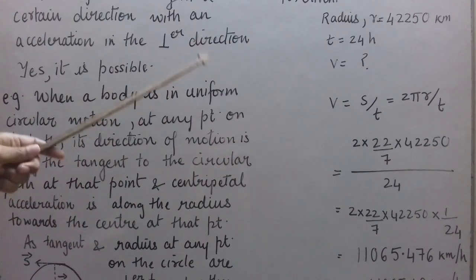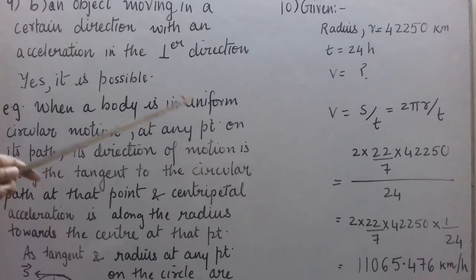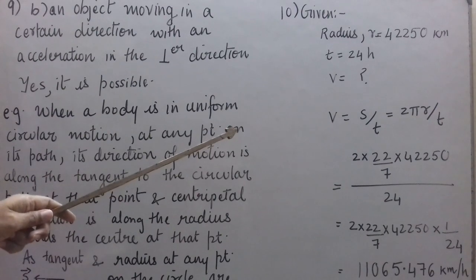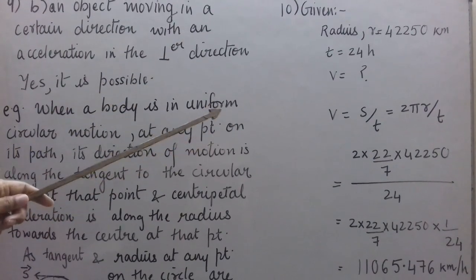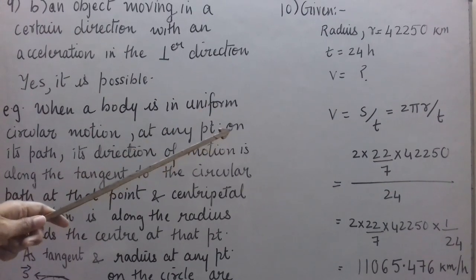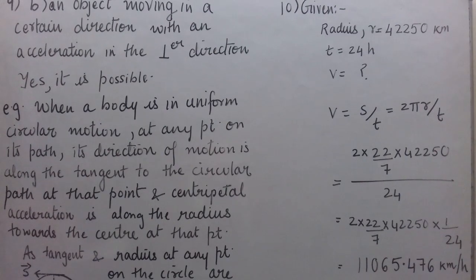This time is taken by the artificial satellite to revolve once around the earth. So s should be the distance covered when it completes one round around the earth. What is the distance travelled? If the path is circular, that is equal to the circumference of the circle.